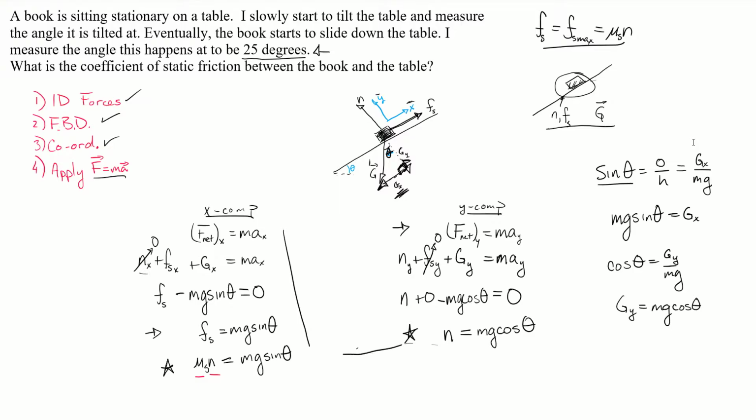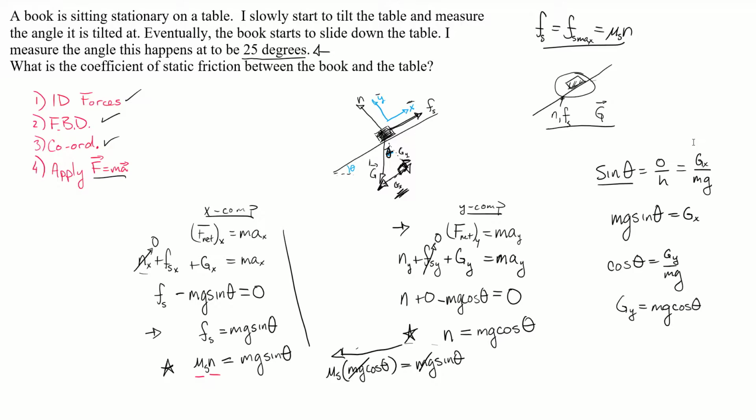We can take this normal force that we got from looking at the y direction and plug it in to the equation we got over here from the x direction. What that means is if we do that, we get the coefficient of static friction times mg cosine theta, which we just showed our normal force is equal to mg sine theta. And you can start to see things cancel. We divide both sides by mg, those cancel.